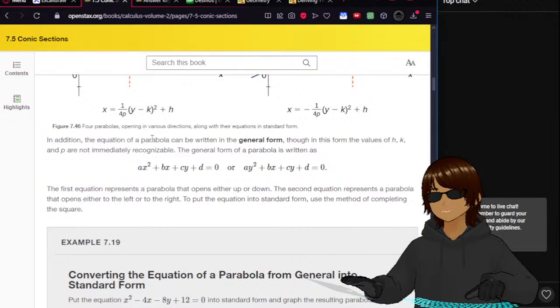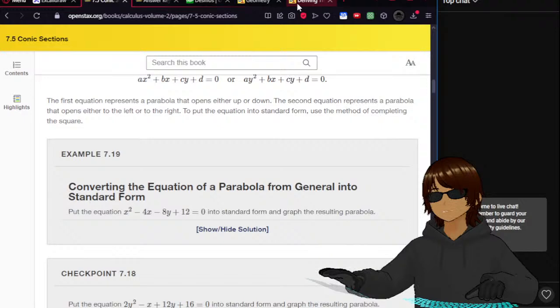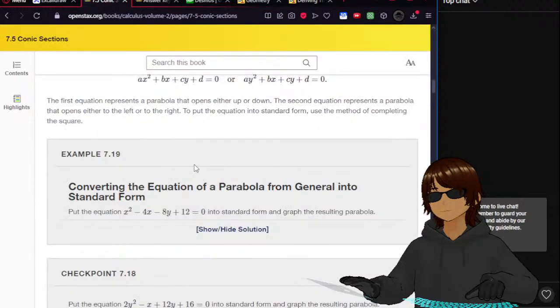In addition, the equation of a parabola can be written in the general form. Though in this form the values of h, k, and p are not immediately recognizable, the general form of a parabola can be written as this. So what I derived over here is the general form.